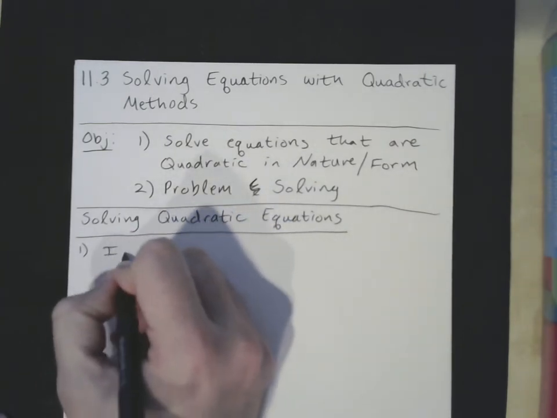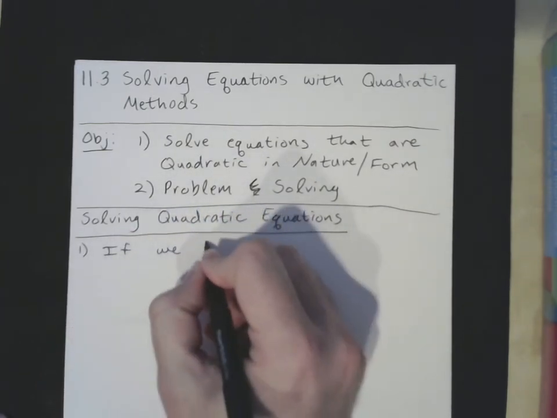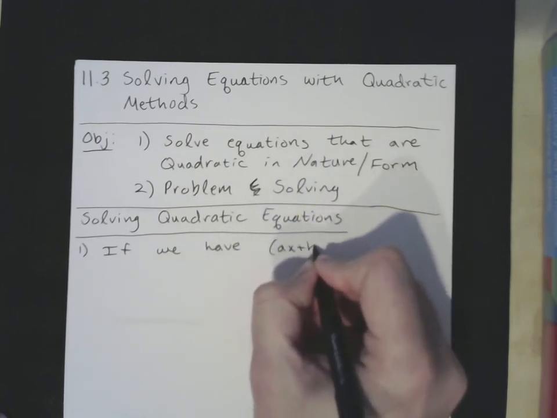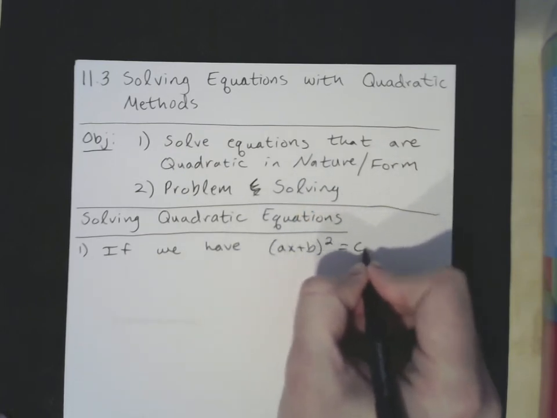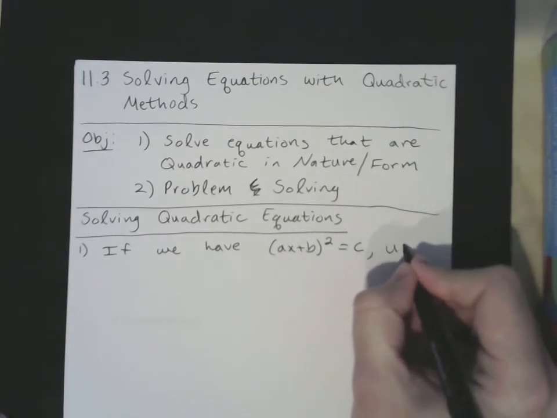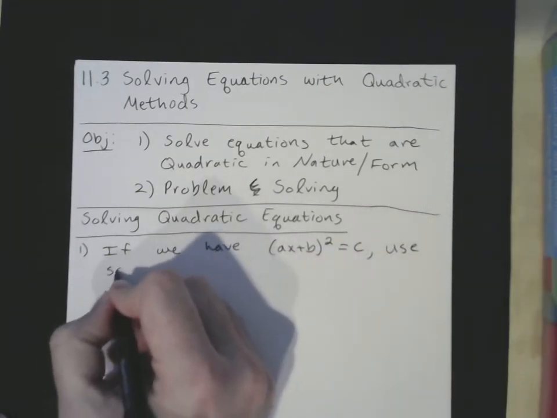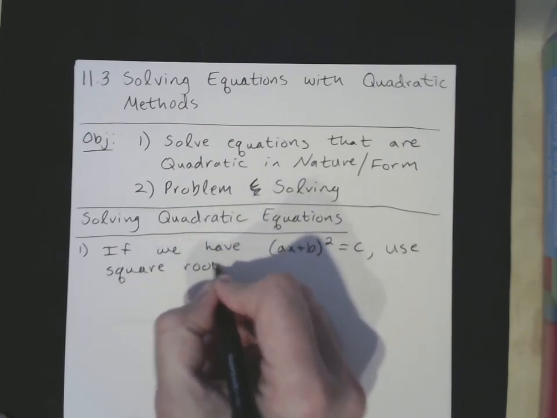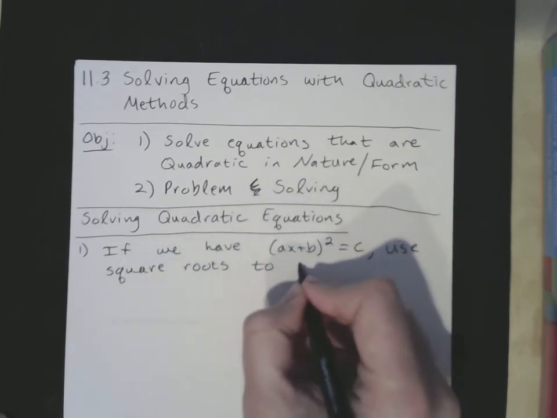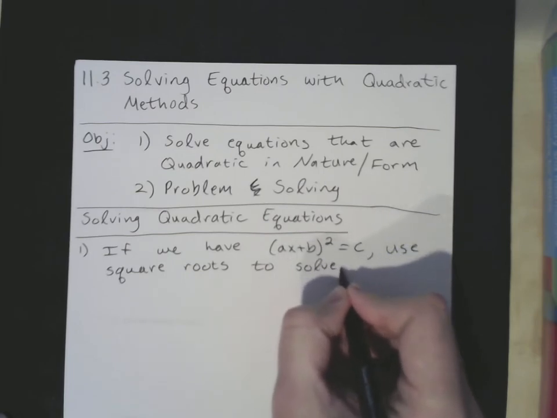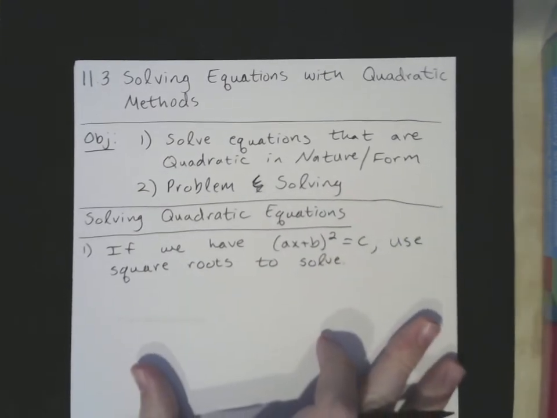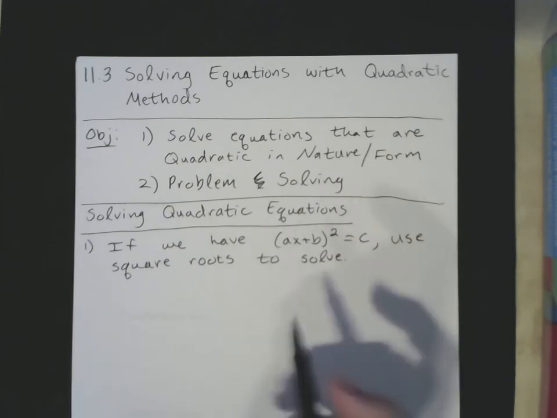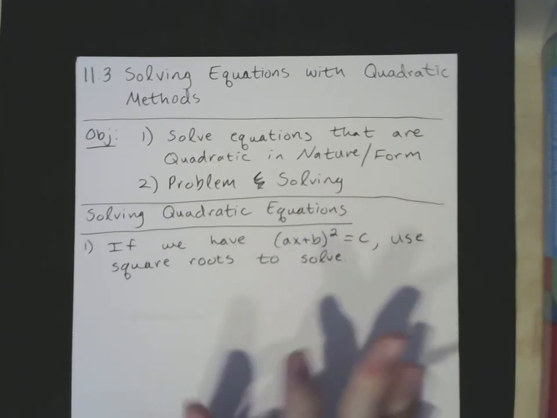Number one, if we have something like (ax plus b) quantity squared equals c, we just use square roots to solve this. I'm going to take the square root of both sides, make sure that we have our plus or minus square root of c, and then solve for x. We get two answers.